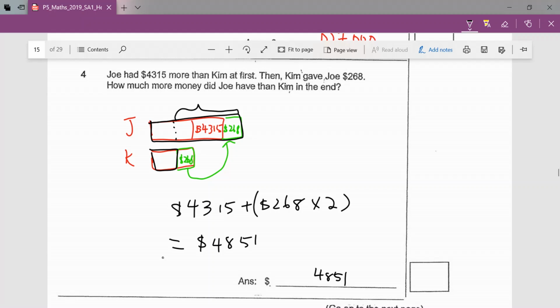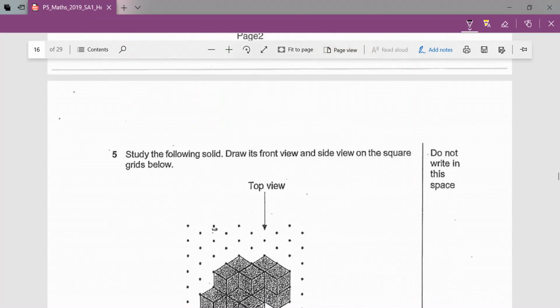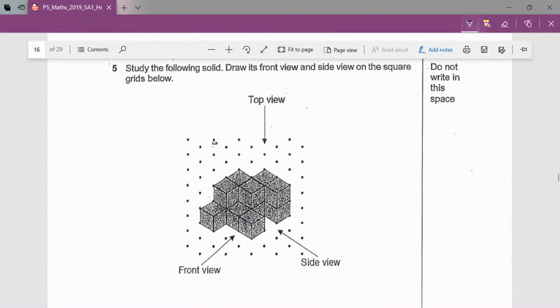Okay, moving on to the next question. Study the following solid. Draw its front view and side view on the square grid. So front view is from this angle, right? Let's see, you have 1 here, 2, 3, and the 4th one here. Are they going to be the same height? This one is only 1, but then this is 2 layers.